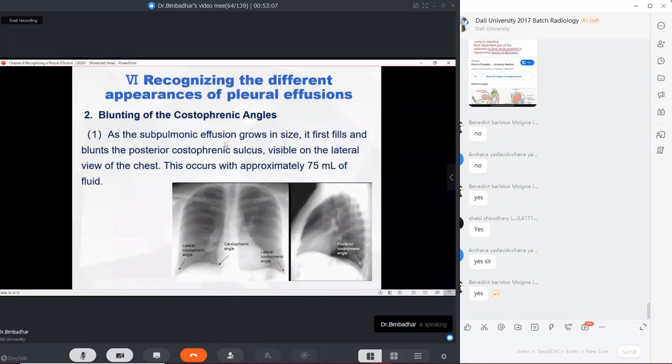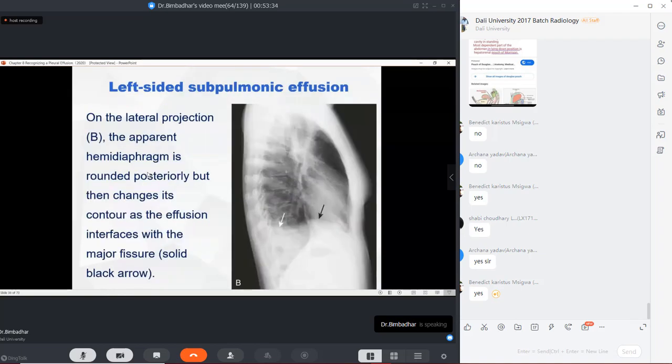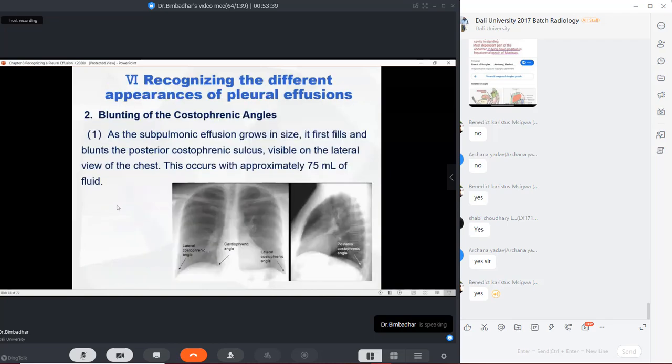If the effusion grows in size, which means fluid keeps accumulating, it first fills and blunts the costophrenic sinuses on the posterior side, because that is the dependent area, and this is visible on a lateral view of the chest. If you see blunting of the costophrenic recesses on the posterior side, something like this in this image, you can generally say there is 75 ml of fluid accumulated within the costophrenic sinus.